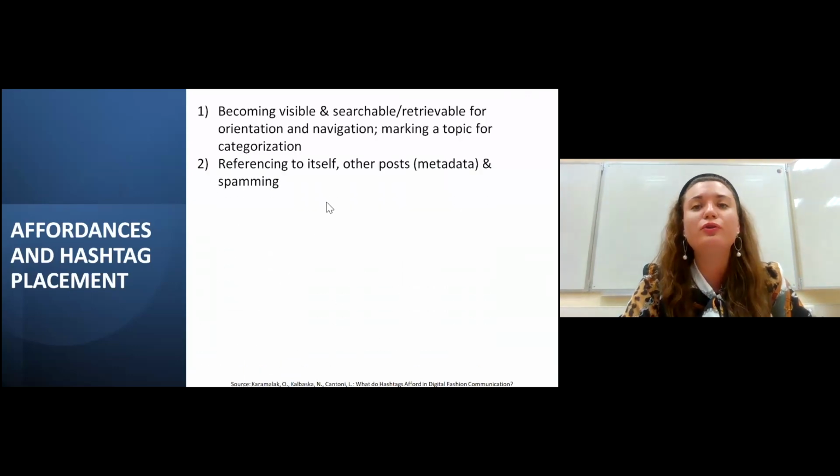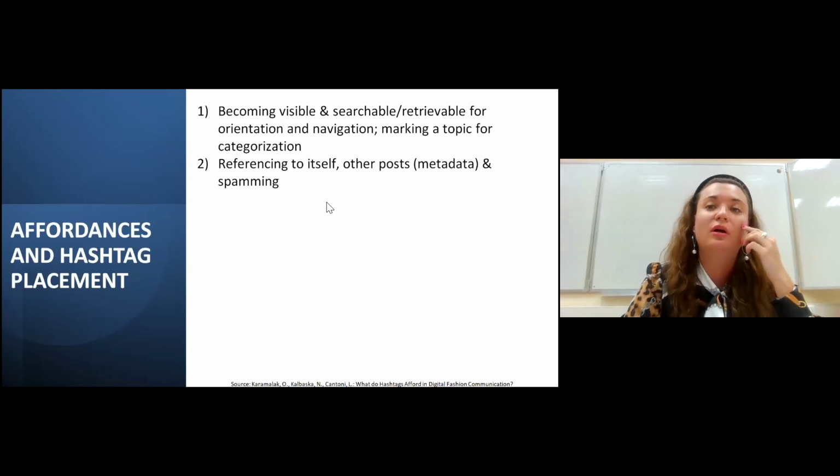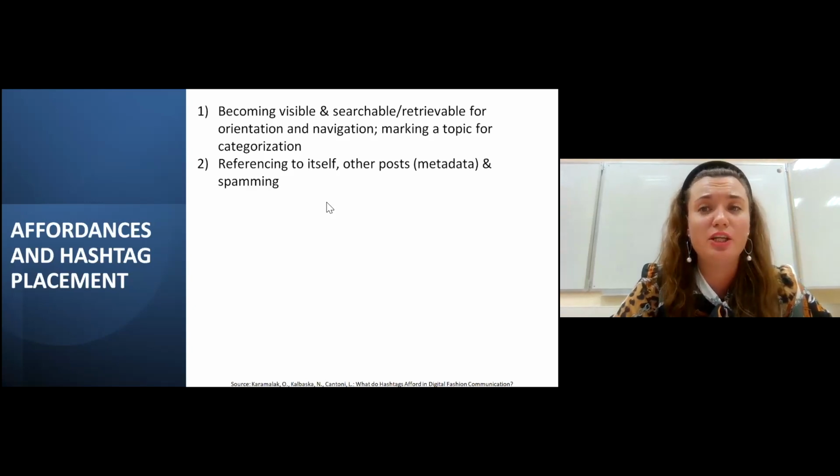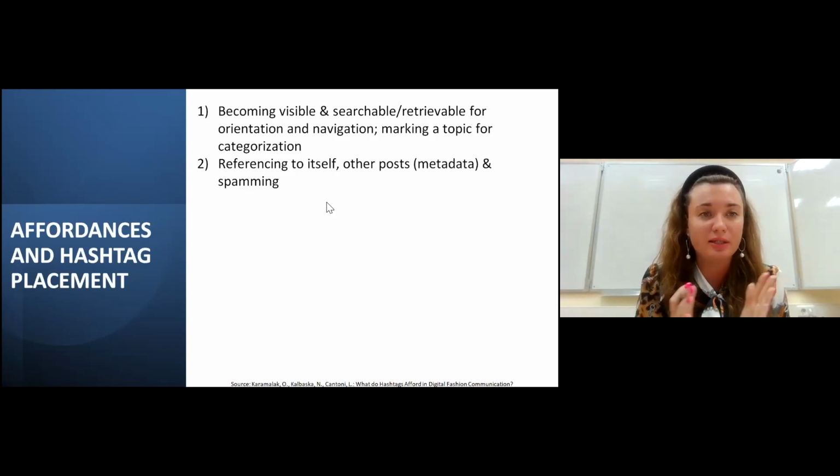So the first, the general affordance is becoming visible, searchable, retrievable for orientation and navigation, marking a topic for categorization. With the help of hashtags, you can create communities and you can categorize the topics you are interested in.